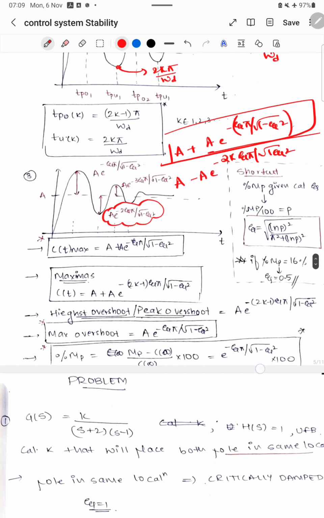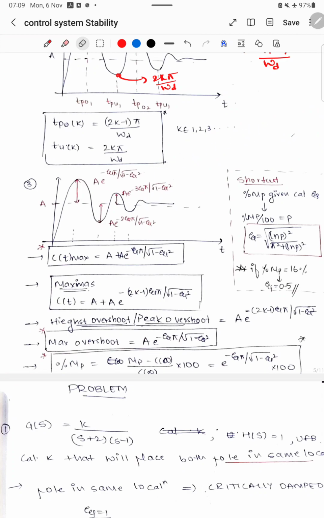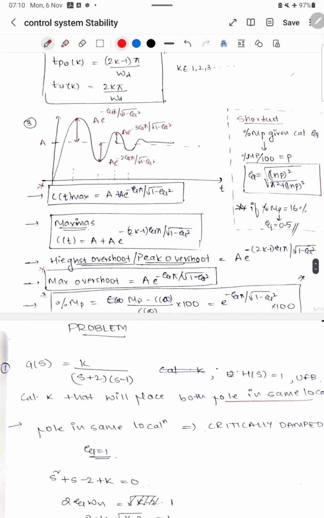Yeah, so basically if only percentage maximum overshoot is asked, you will do e power minus zeta pi upon root of 1 minus zeta square into 100. What do you mean by percentage overshoot? It is c(t) at peak minus c(t) at infinity upon c(t) at infinity.